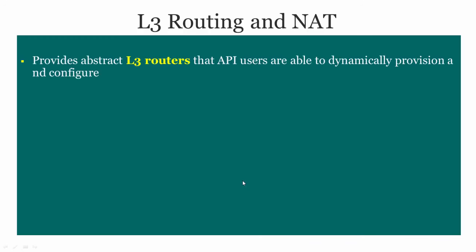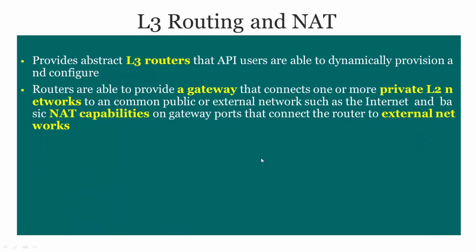L3 routing and NAT. Normally L3 provides abstract L3 routers. Using these L3 routers, API users are able to dynamically provision and configure. For L3 routing, we need to create these L3 routers. Using them, users can access their service, and after that they can configure and provide their service dynamically using L3 routers.